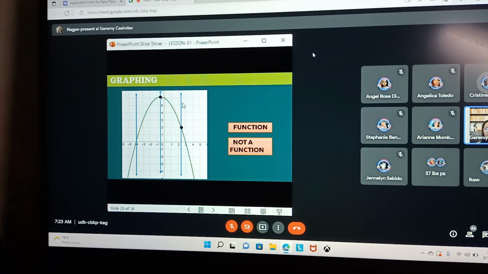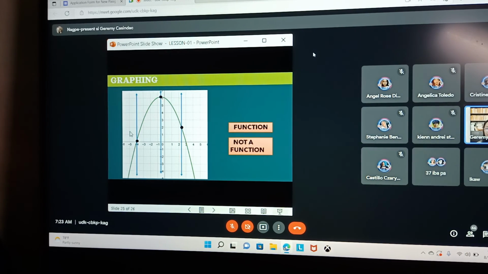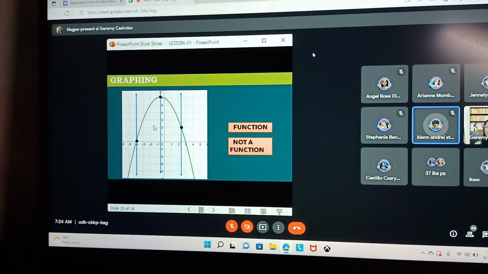Next one. Just once also. That is the point it passed through. So therefore, is this graph a function or not a function? Function, po. It touched a line or a point only once. So therefore, this graph is a function. Okay, next.